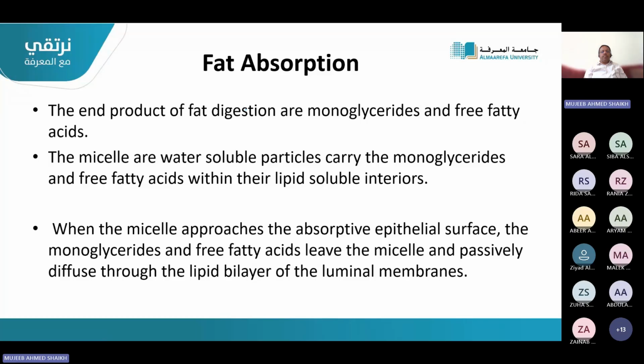Micelles are water soluble particles which carry the monoglyceride and free fatty acid to the interior. When the micelles approach the absorptive epithelial surface, as they are fat soluble, they will easily enter into the cell because the lipid bilayer has no restriction for lipids. They directly enter into the cell.